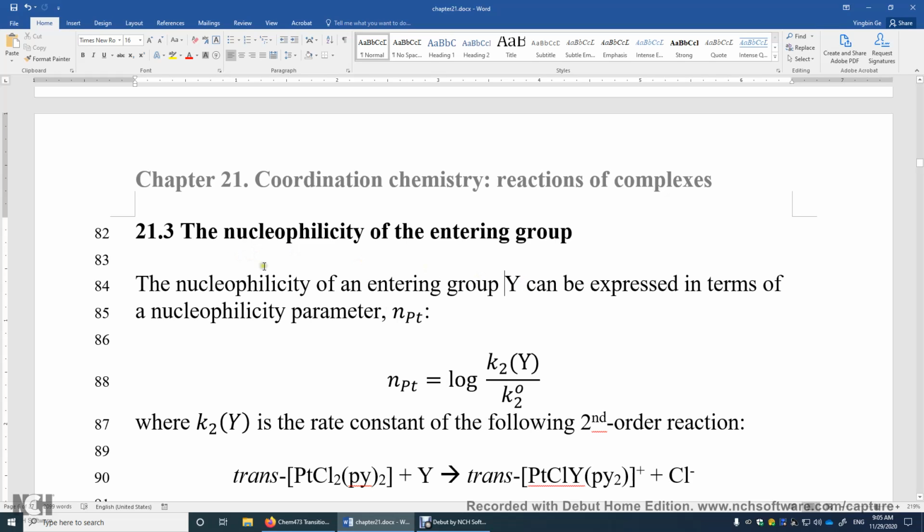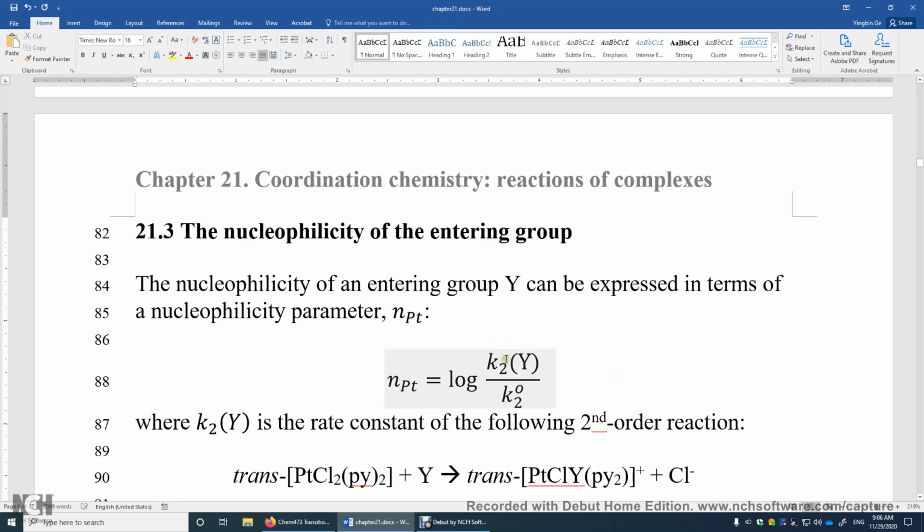Quantitatively, the nucleophilicity of the entering group Y can be expressed in terms of a nucleophilicity parameter, N sub Pt. This N sub Pt is the logarithm of the ratio between two rate constants.